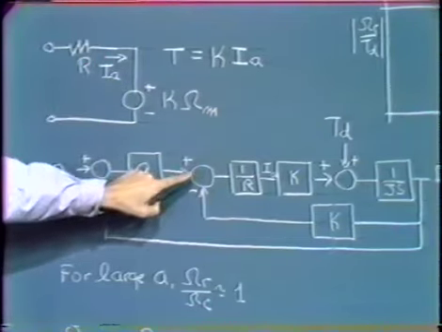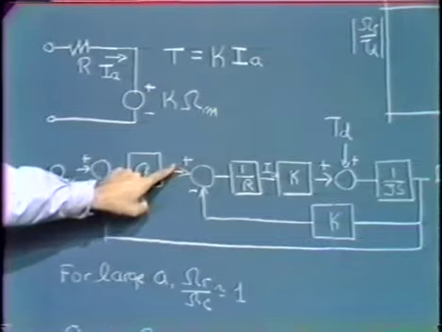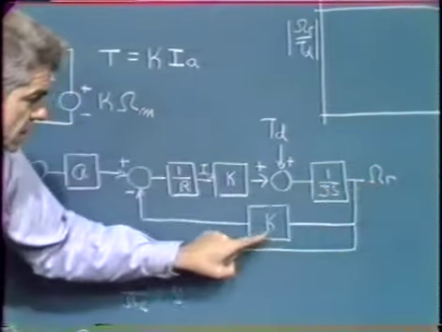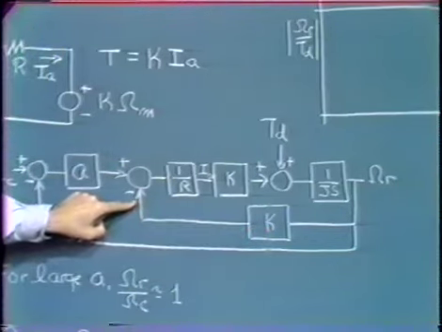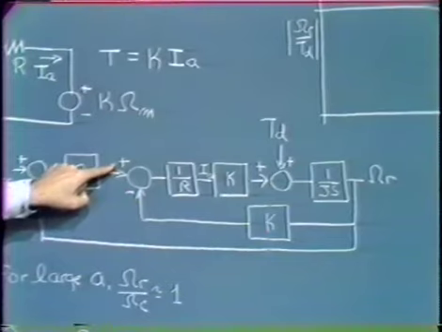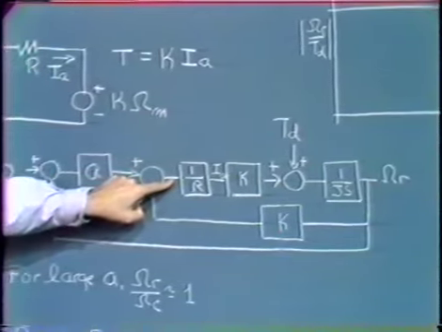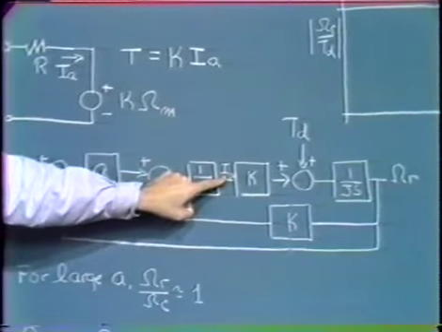We can do that on a block diagram basis by taking the voltage out of the amplifier, subtracting the back voltage of the motor, which we get by multiplying the motor velocity by K. So we subtract that back voltage from the voltage supplied by the amplifier. We divide the resultant difference by R, and we get the armature current.